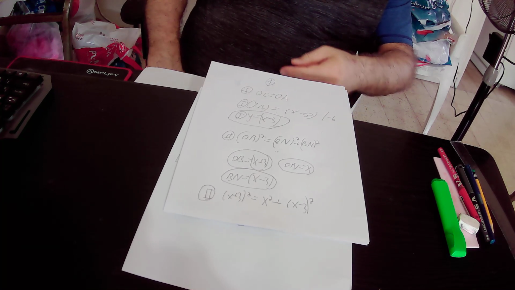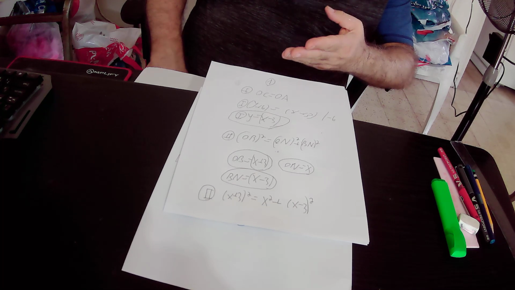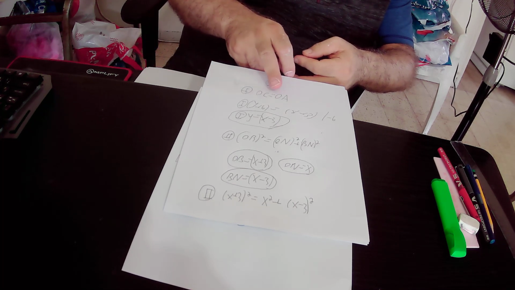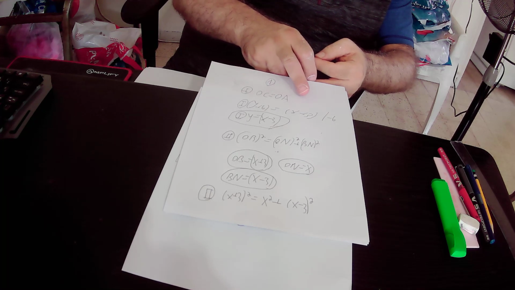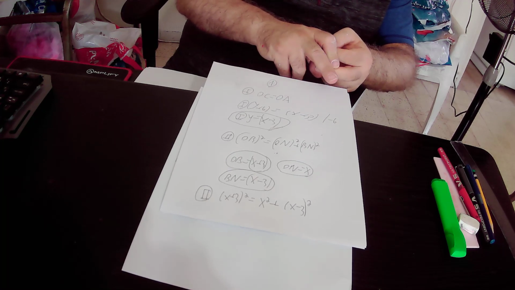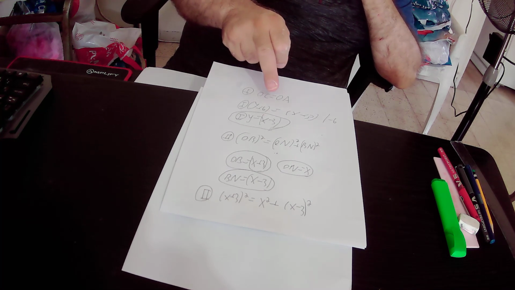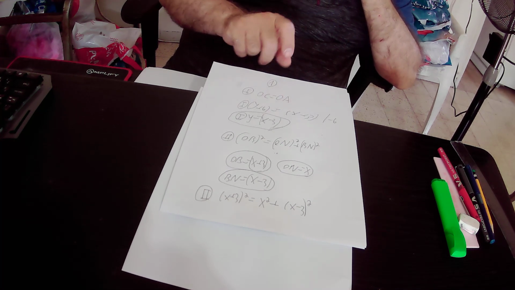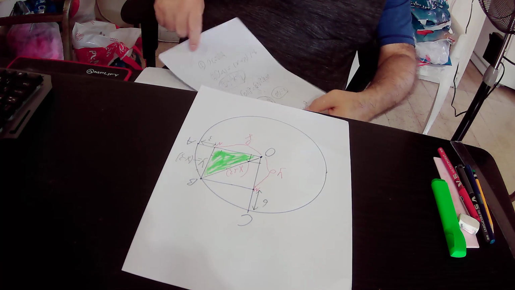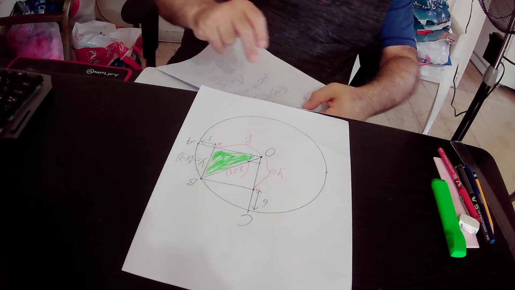Okay, so we got in the first equation that y plus 6 equals x plus 3. We subtracted 6 from equation number 1 and we got that y equals x minus 3.